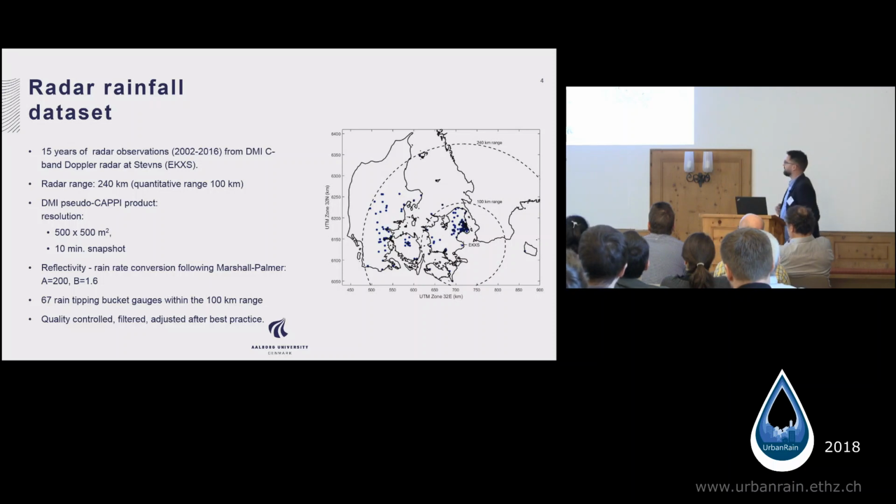We have a lot of data that we filter out due to noise and due to poor bias adjustment and so on. So it's a data set consisting of some 500 single days of rainfall during these 15 years. And then we do an adjustment with some rain gauges here in the Copenhagen area or Zealand in Denmark.